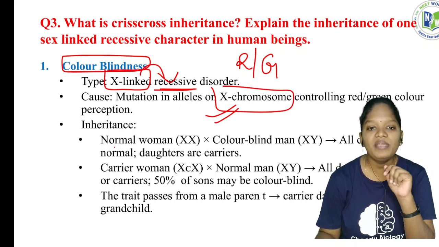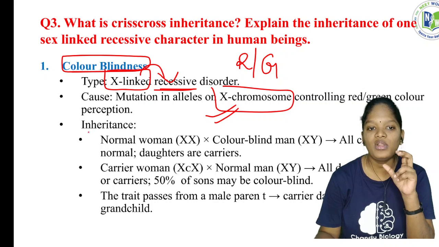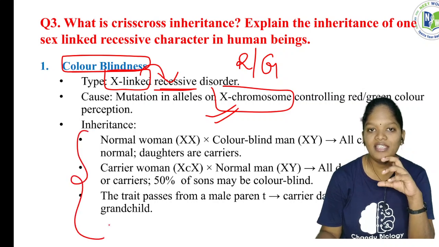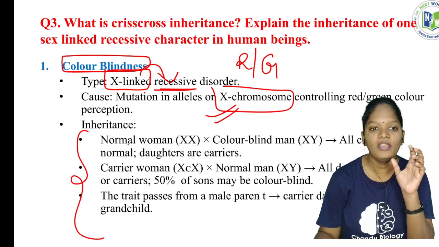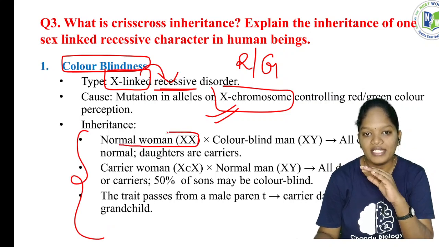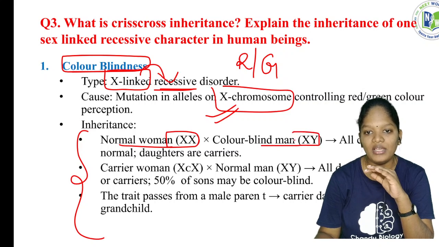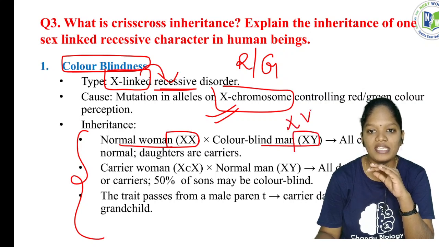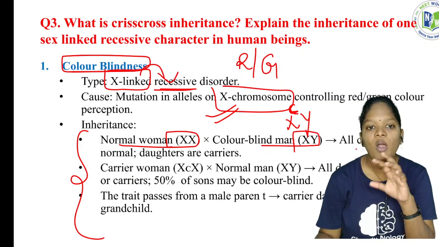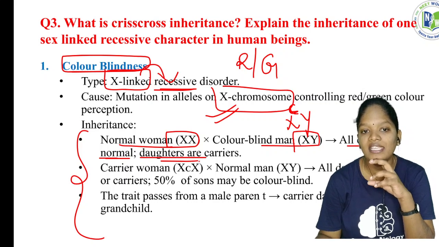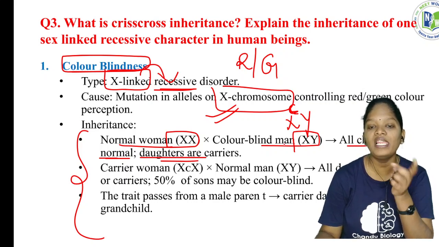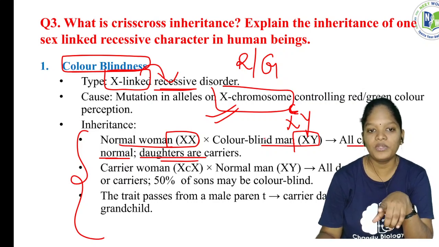Now, what will be the inheritance? Whatever we have seen in the theoretical points, I have just explained in the flowchart. See, a normal female, X X, and a color blind male, X^C Y. How do we represent the color blind man? Like this. All children are normal and the daughters act as carriers whenever the woman is normal and the man is color blind.